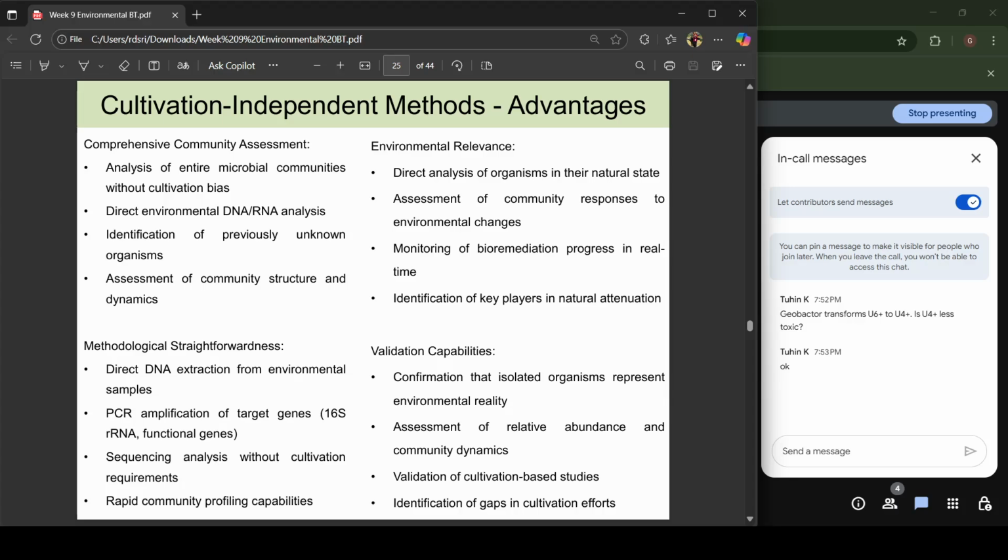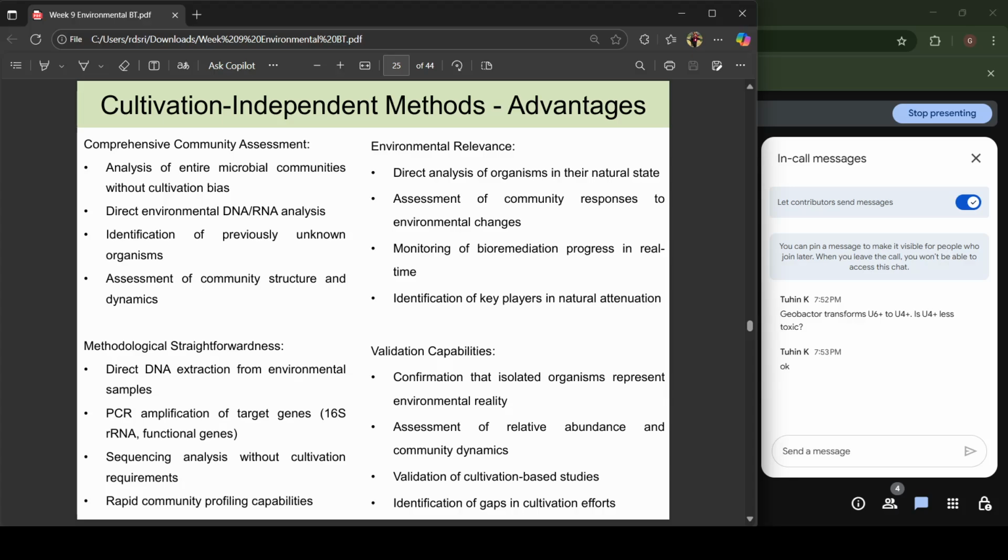So we don't know if naturally the organism is going to act in the same way. So direct analysis in their natural state will be more relevant for developing bioremediation processes. And then assessment of community responses to environmental changes, monitoring of bioremediation progress in real time, and identification of key players in natural attenuation. All this is the environmental relevance based advantages.